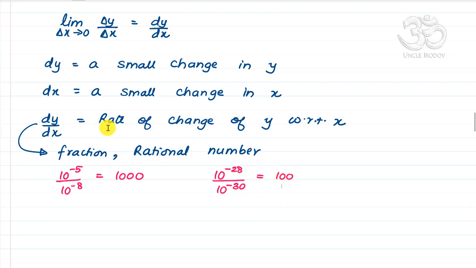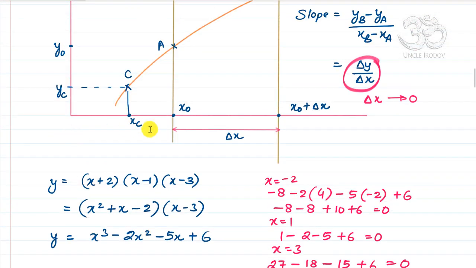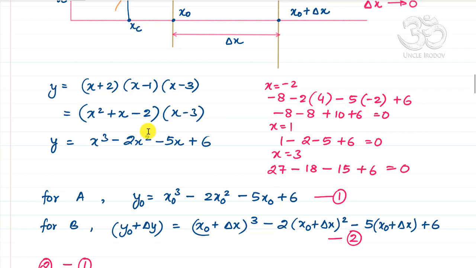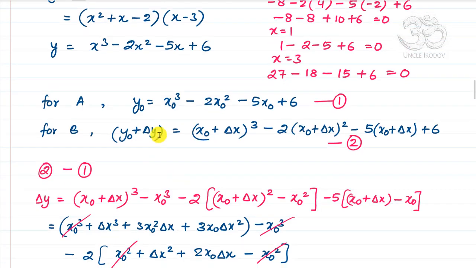And in physics, wherever you have to measure the rate of change of one variable with respect to another variable, you will keep in mind that it is represented by dy by dx. But until now we have only found this for a specific curve, and the moment the equation of the curve changes, we will have to redo this entire process.